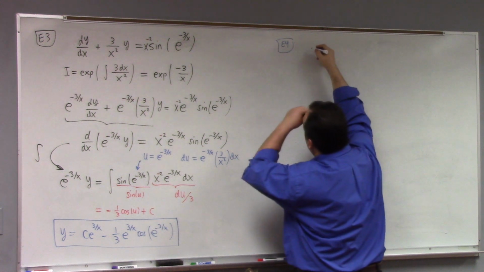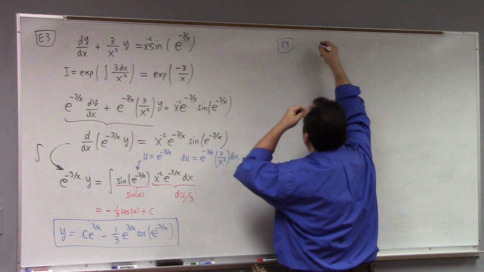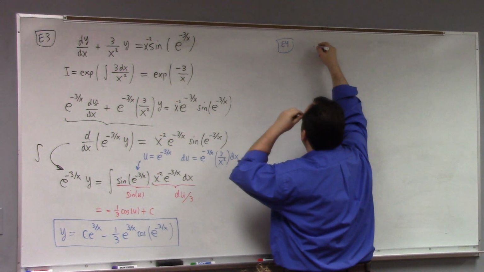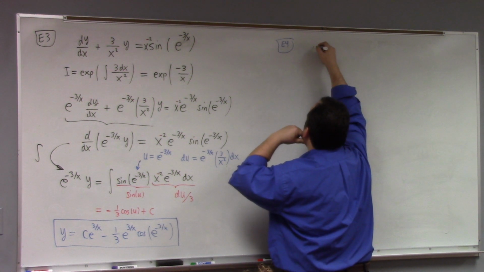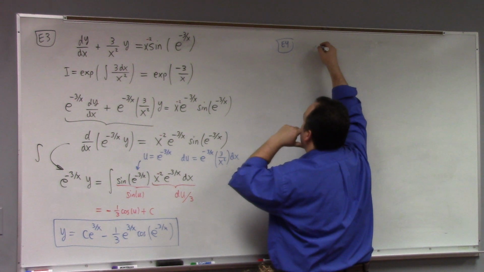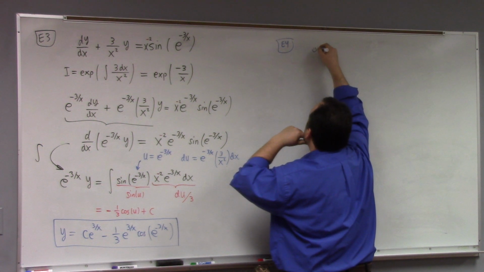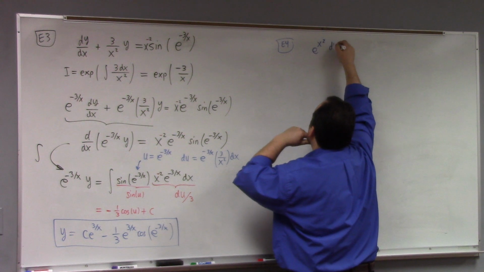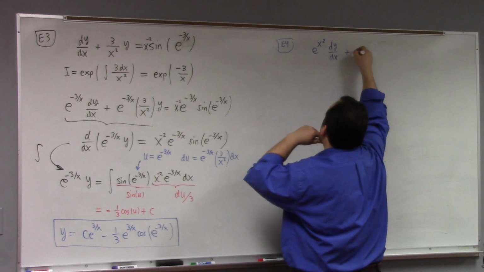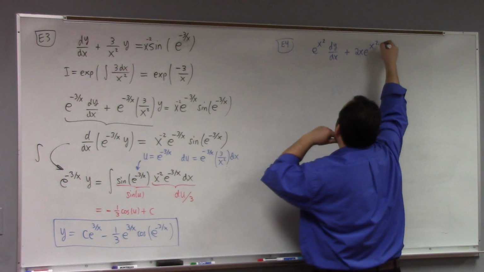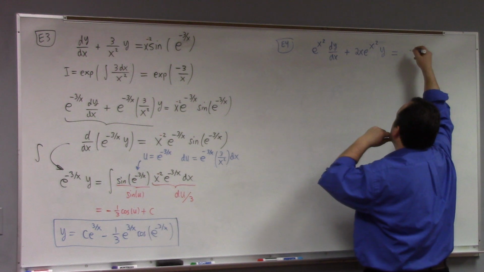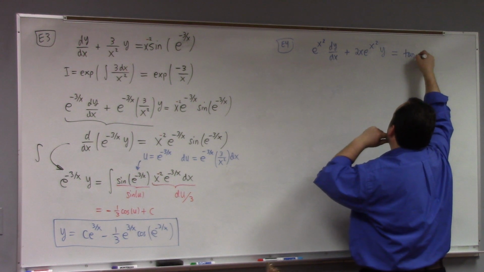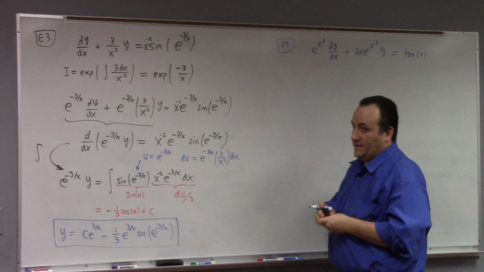If you have something like e to the x squared times dy dx plus 2x e to the x squared times y is equal to tangent of x, he might have a problem like that.